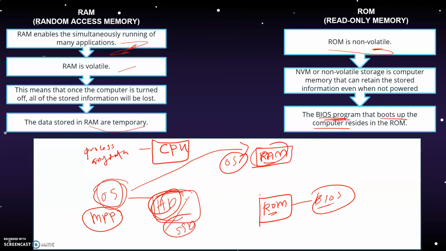Let's say you double click on this program because you want to run it. It will be brought to your RAM. So you will have your Microsoft PowerPoint inside your RAM.